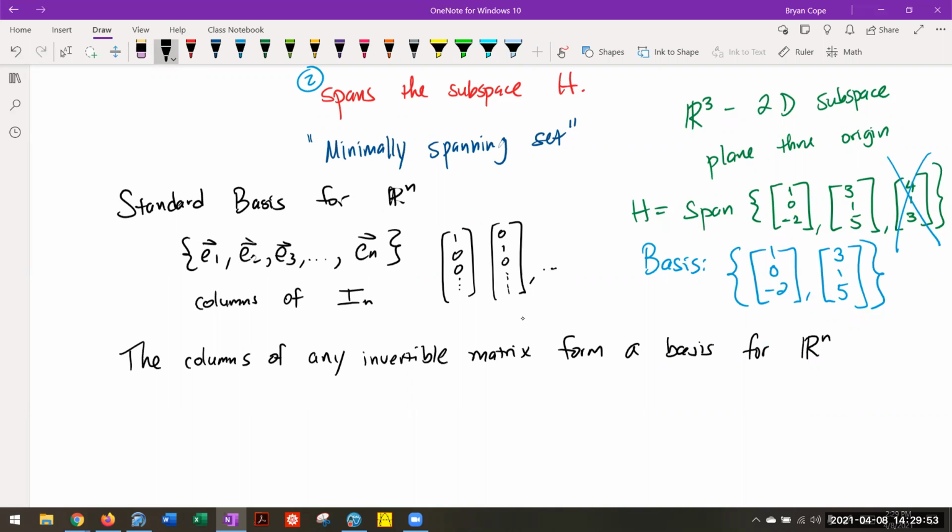The columns of any invertible matrix form a basis for Rn. Why is this okay to say?